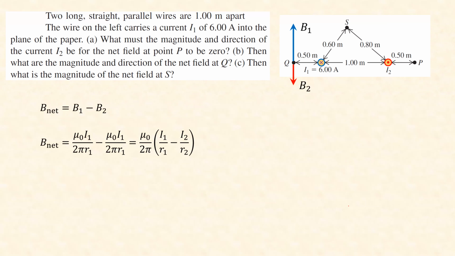So mu naught over 2 pi can be factored out: mu naught over 2 pi times I1 over R1 minus I2 over R2. So this is mu naught, 4 pi times 10 to the negative 7 divided by 2 pi, times 6 over 0.5 minus 2 over 1.5.